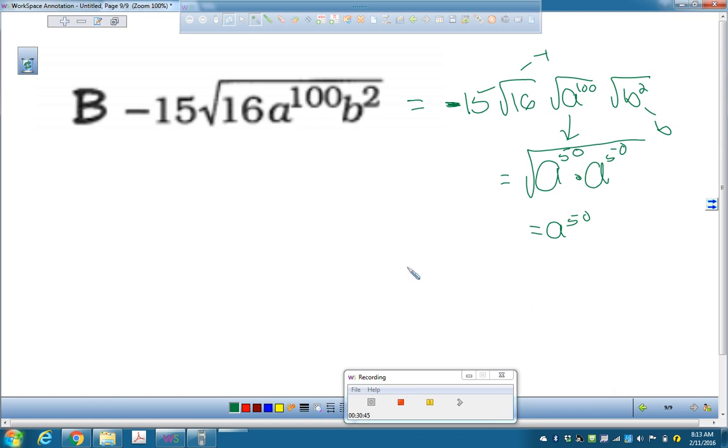So altogether you have negative 15 times 4 times a to the 50th times b, right? And when I simplify that, what's 15 times 4? 15 times 4 is negative 60 a to the 50th b. Is that answer somewhere on your sheet? Should be. Okay? There it is. Okay? So if you have an even exponent inside the square root, you just divide it by 2, right? To find the square root.